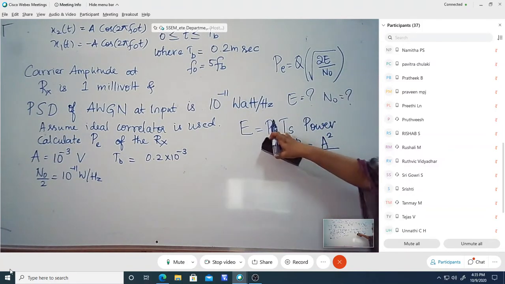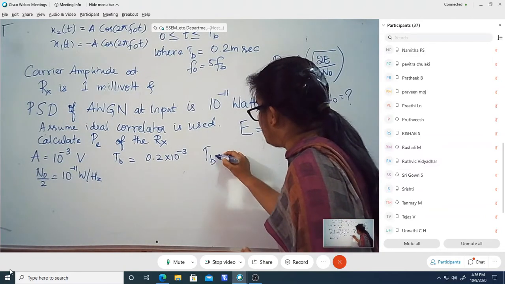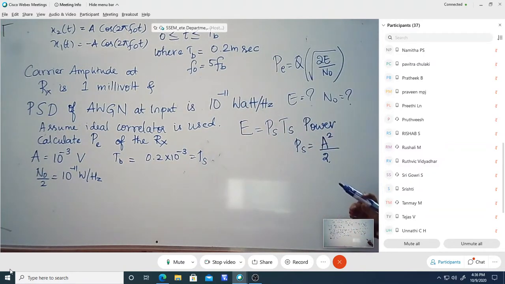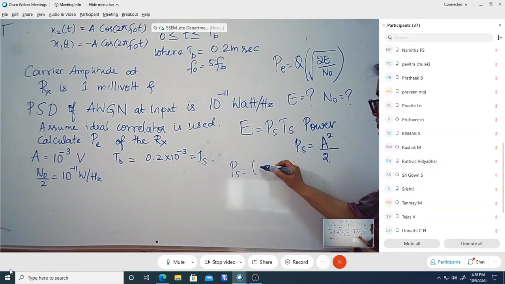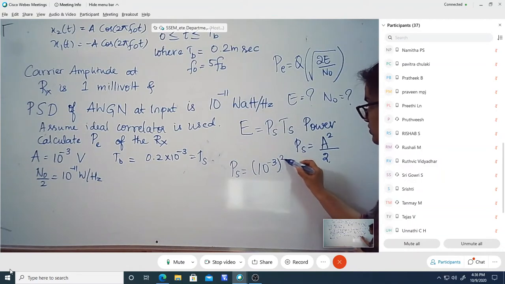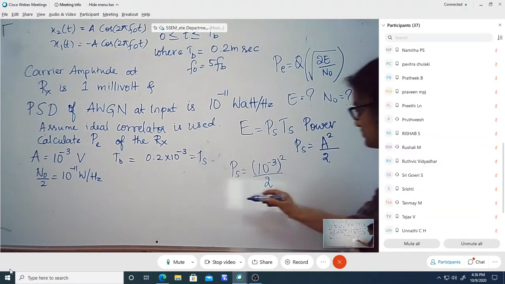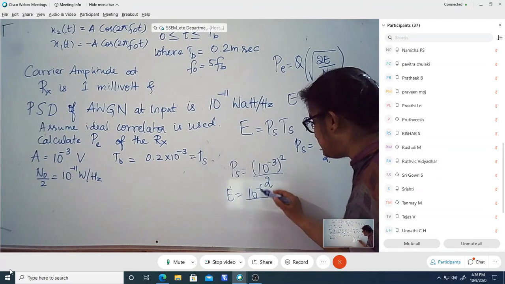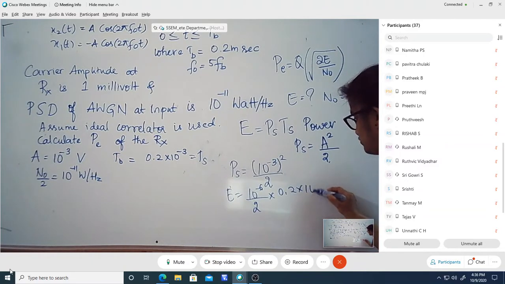So I know this Tb or Ts. In our case, Tb and Ts are both the same for BPSK. So Ps is equal to 10 raised to minus 3 whole square divided by 2. Then E is equal to 10 raised to minus 6 divided by 2 into Tb, which is 0.2 into 10 raised to minus 3.